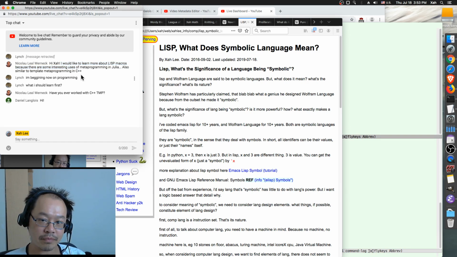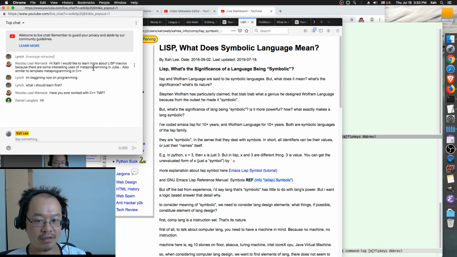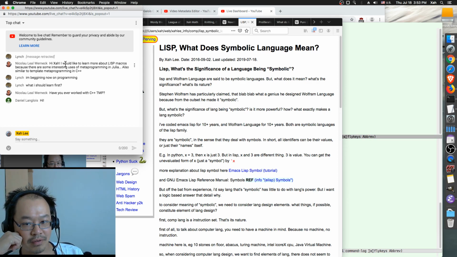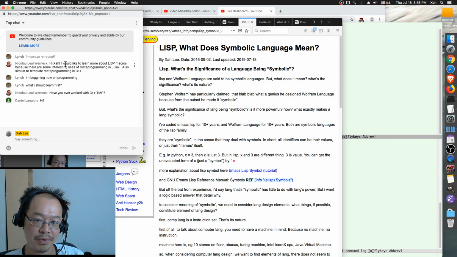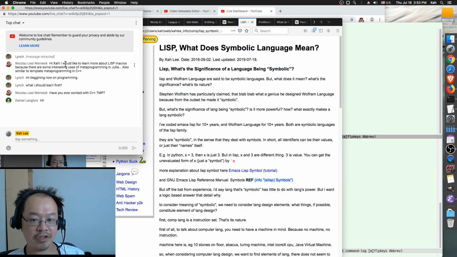In C++ and in Julia, they also have something like that. There are a few things to talk about. One interesting topic is what is the nature of macros in Julia, and what is the nature of macros in C++.